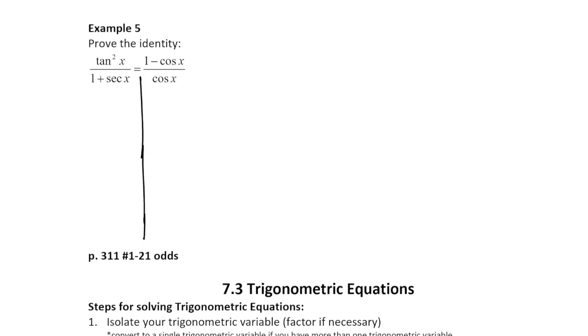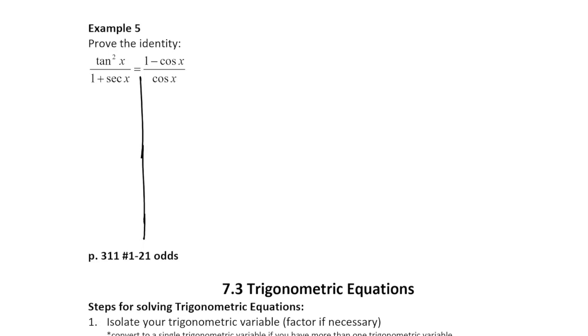Because we're new to this, it probably would be common to try to change tan squared x into sine squared x over cos squared x, and then change the denominator to say 1 plus 1 over cosine x and somehow create single fractions, and eventually that would balance out with the right side. And that's definitely a good approach.